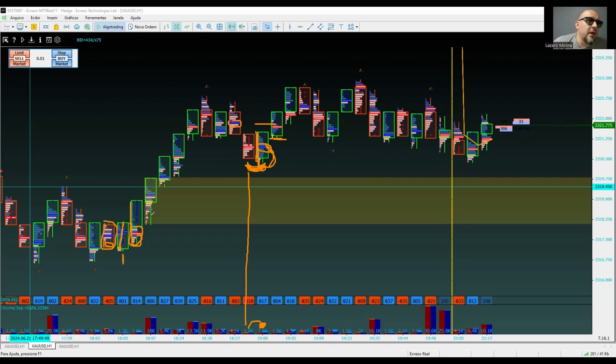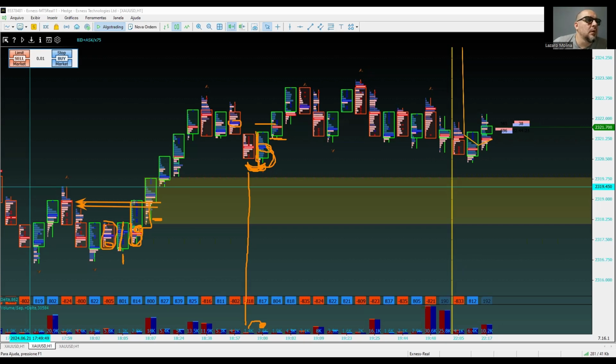Okay, so in the next one, when the movement comes near the point of control, you could put another buying trade here, and you would put your take profit here, in the same level of this point of control, or 1 or 2 levels above.